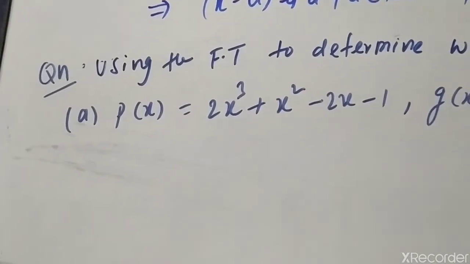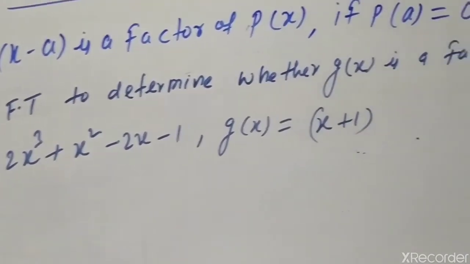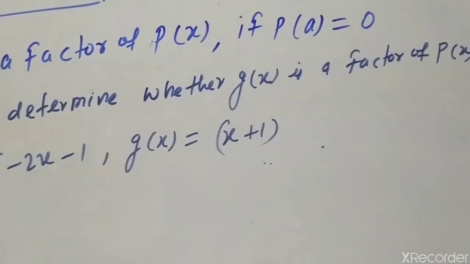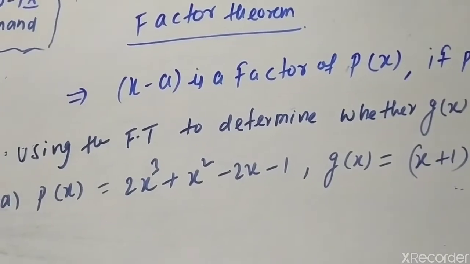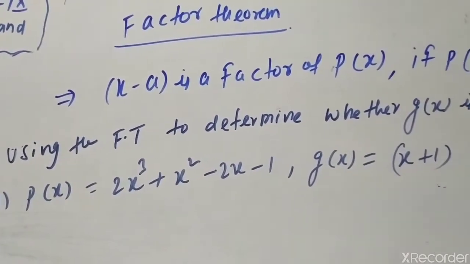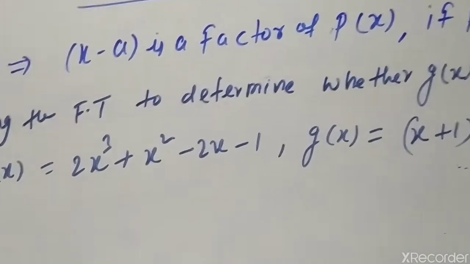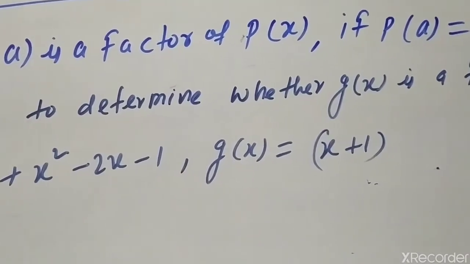So the question is, using the factor theorem, determine whether g of x is a factor of p of x or not. Same as in the remainder theorem, the degree of p of x should be greater than or equal to 1, and g of x should also be a linear polynomial.